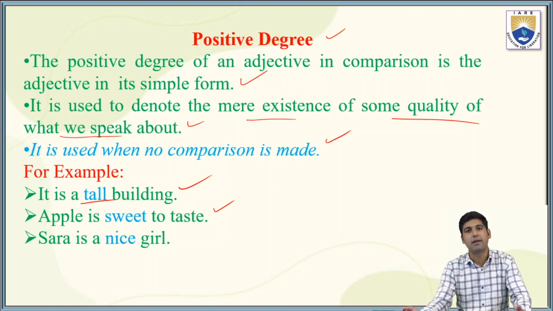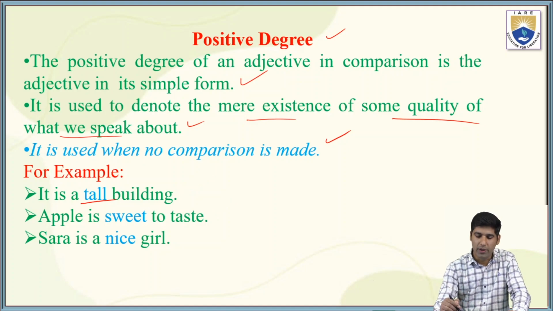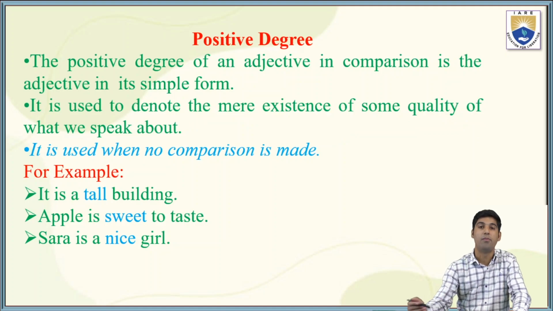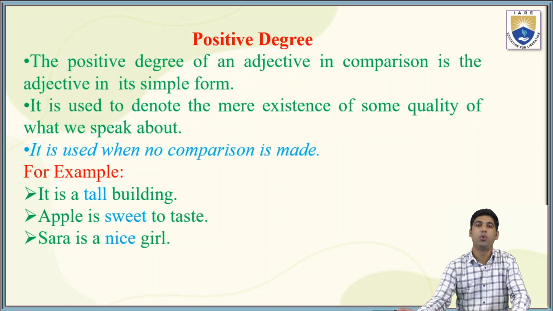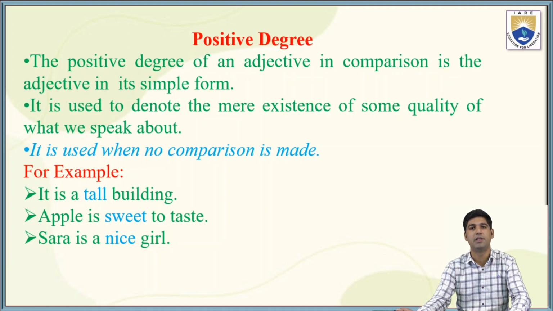The quality of Sarah, nice. I'm not telling you nicer. So no comparison is made with the base form of the adjective, the simple or positive form. Rather, we use adjectives when no comparison is made. They show us the mere existence of some quality of what we speak about.